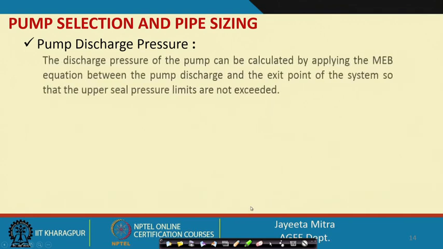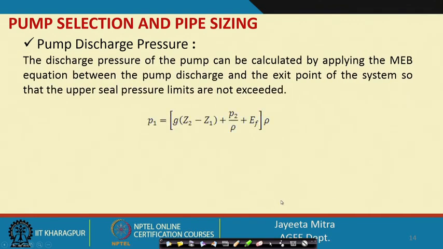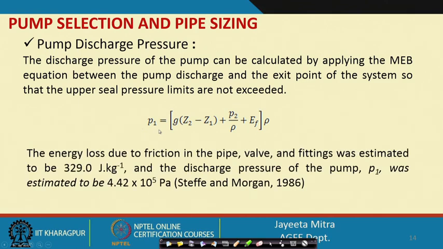And lastly, the pump discharge pressure, if we want to calculate that. Using again this equation, we will take P1, that is our requirement, the discharge pressure we want to calculate, where P2 is our atmospheric pressure, and we can take the elevation to which we are transferring.